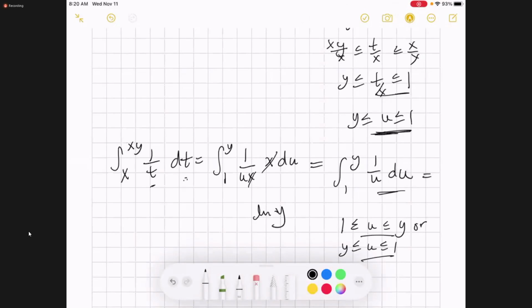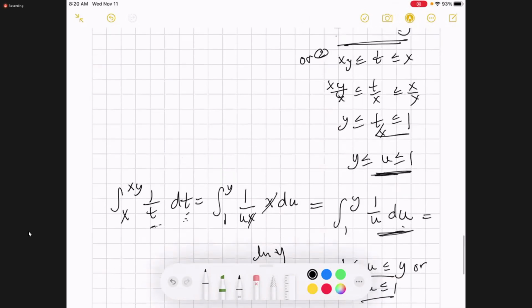Sometimes you call this the t here, the u here. People call them dummy variables. I can name it anything I want, except for y or x, because in this problem, y and x have another meaning. But anyway, I can call that thing anything I want.